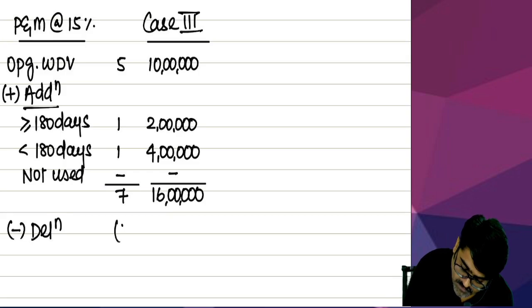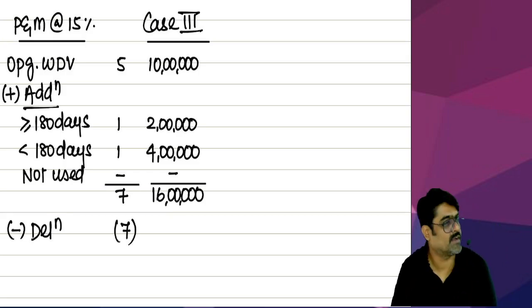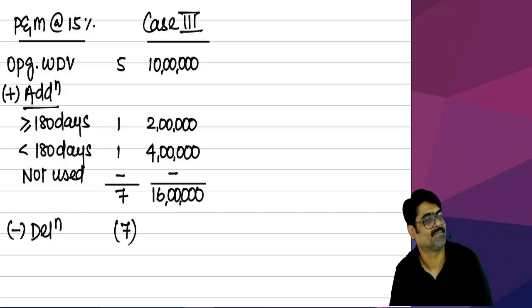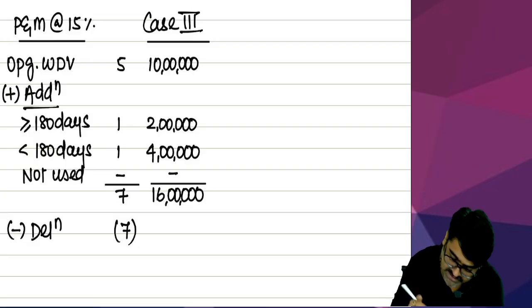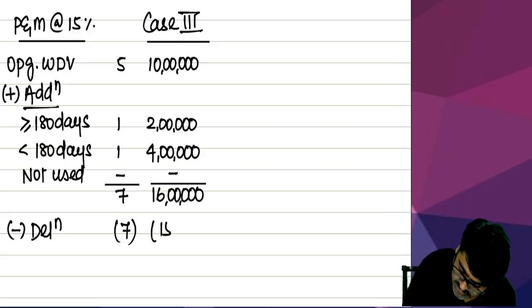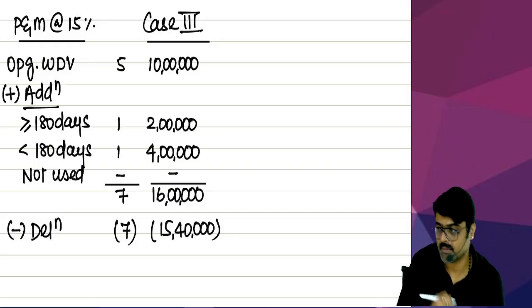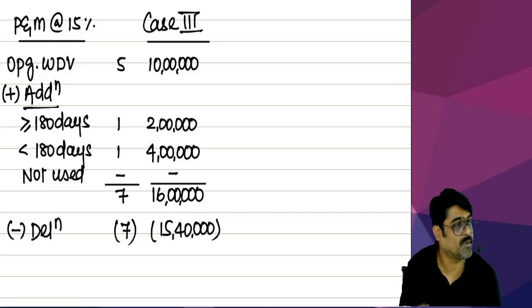For example, all these 7 assets are gone. I am selling all these 7 assets, and by selling the 7 assets, I receive 15,40,000. Is it possible?